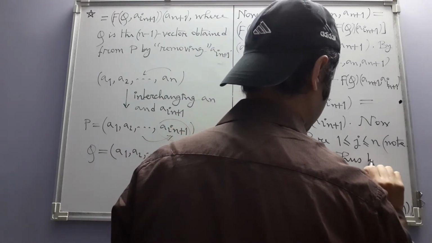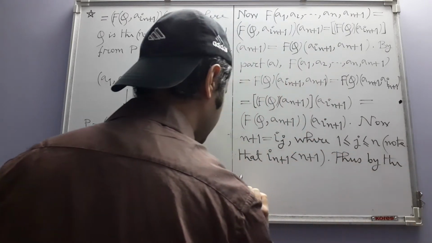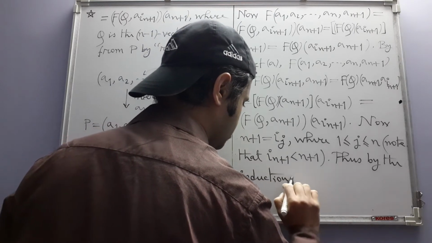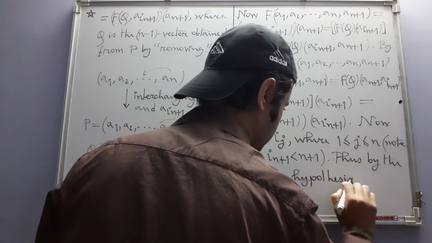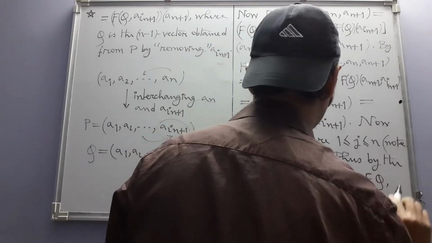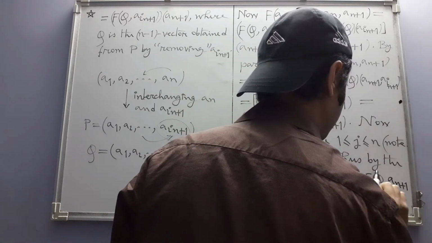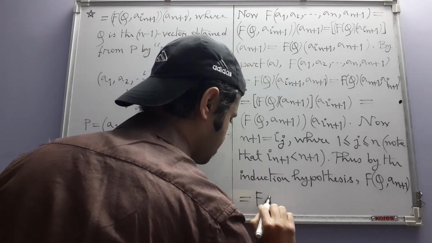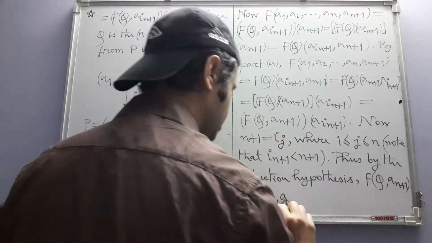Thus, by the induction hypothesis, what will now happen to this A_{n+1}? We can write F(Q, A_{n+1}), in place of n plus 1 we can write i_j.